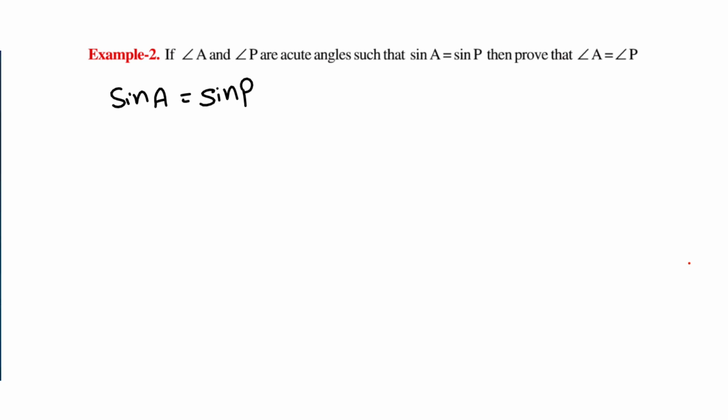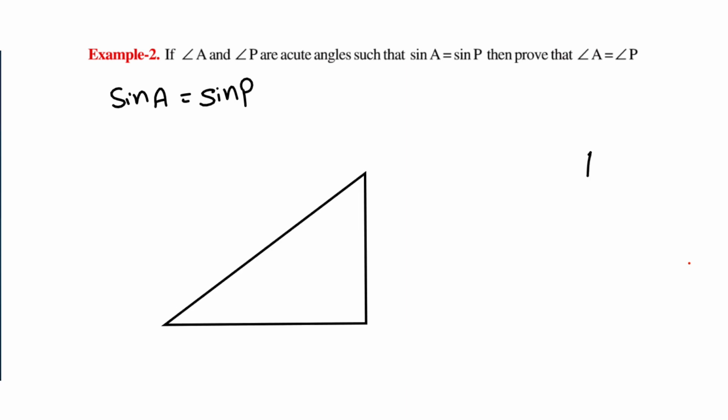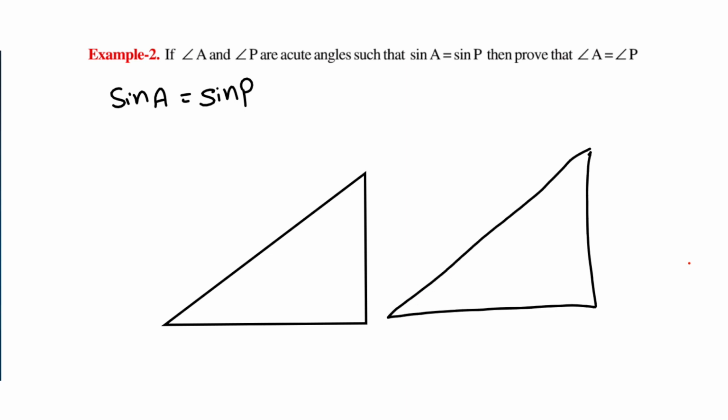You draw the figures of angle A and angle P. These are two acute angles, A in triangle ABC and P in triangle PQR.